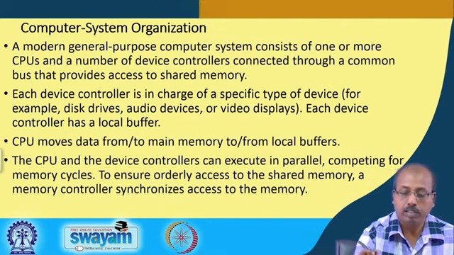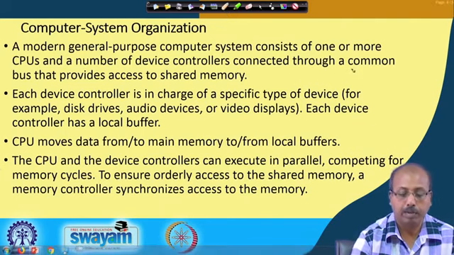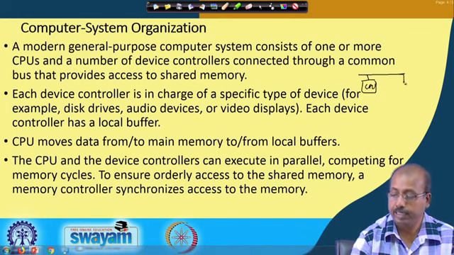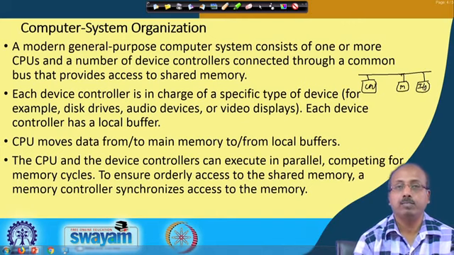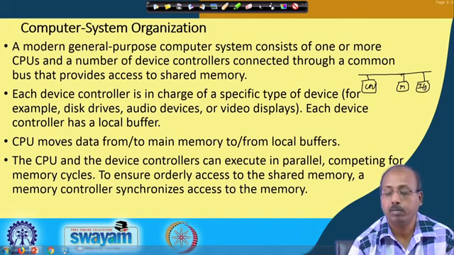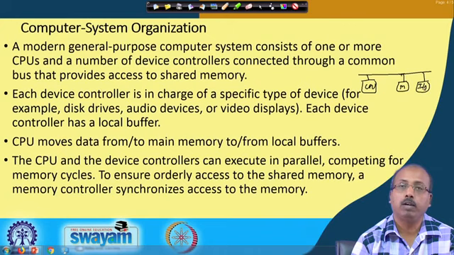We can have one or more CPUs. Ideally, the type of interface that we have is that there is a CPU, and there is a memory chip, and there are IO devices that are connected. Now, in this type of system, the basic problem is that at one point of time the CPU can do only one job.